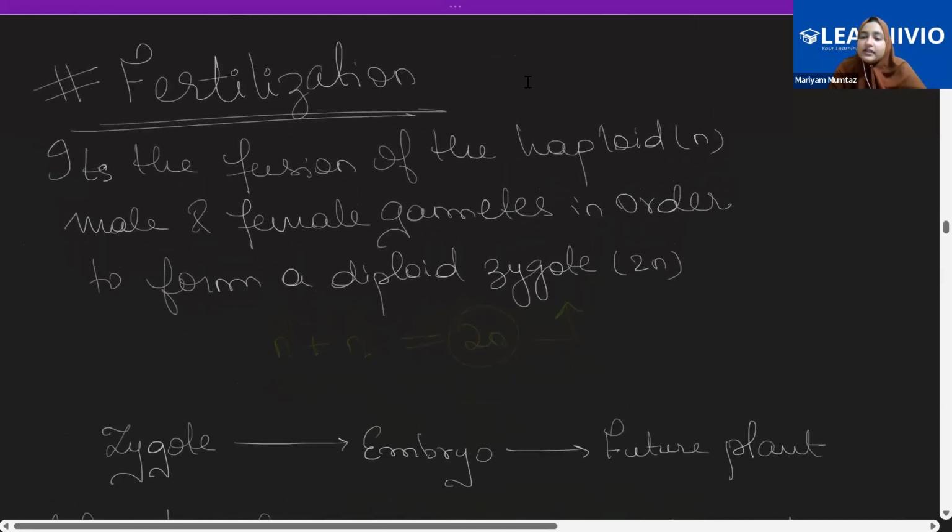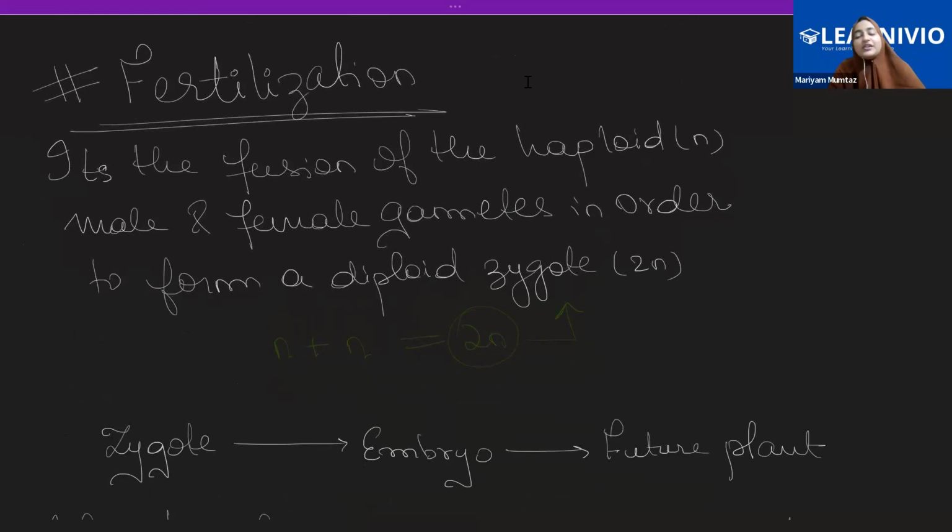After the pollen grains have been transferred to the stigma, the pollination is completed. Pollen tube growth also happens, and then the male gamete fuses with the female gamete, which is found in the ovule or ovary, and forms a diploid zygote.